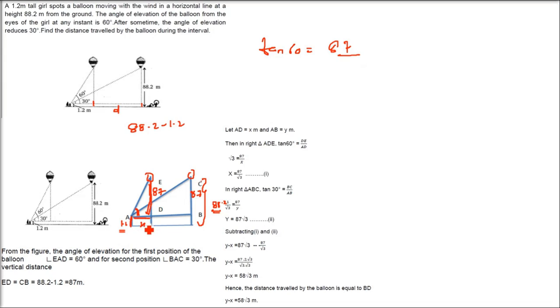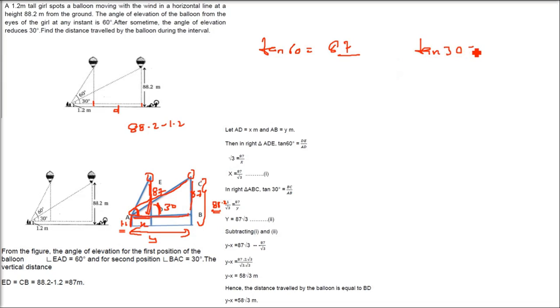Now we don't know the base, let us say it is x. Now take the whole from A to B as total y. So actually we have to find out dB, which is y minus x. Why are we taking the total as y? Because we want this triangle also. This angle is 30 degrees.